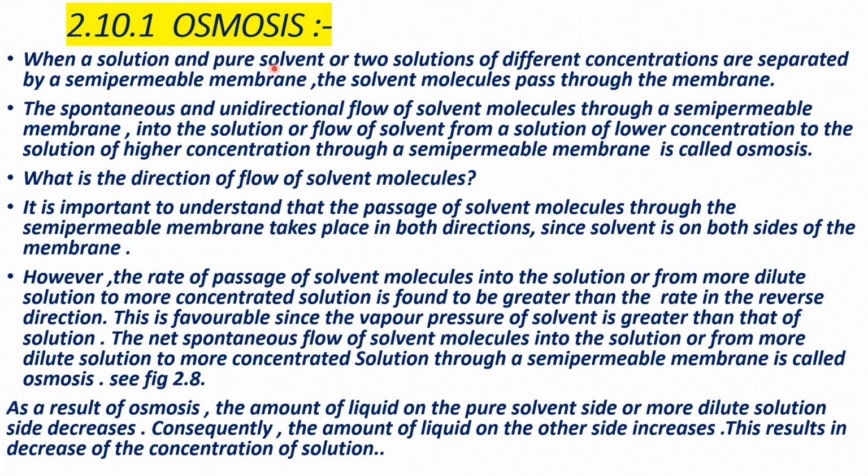The spontaneous and unidirectional flow of solvent molecules through a semi-permeable membrane into the solution, or flow of solvent from a solution of lower concentration to a solution of higher concentration through a semi-permeable membrane, is called osmosis.